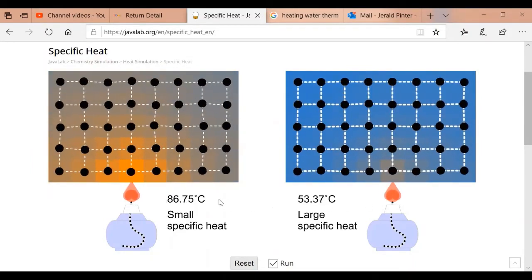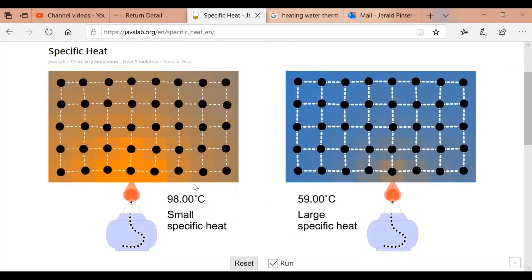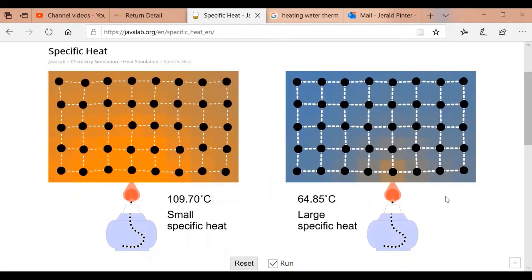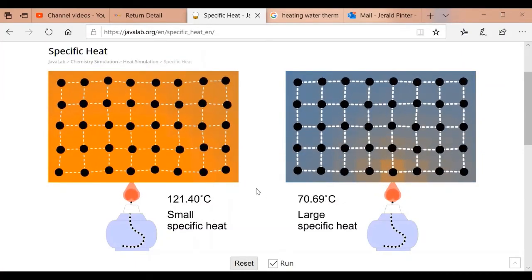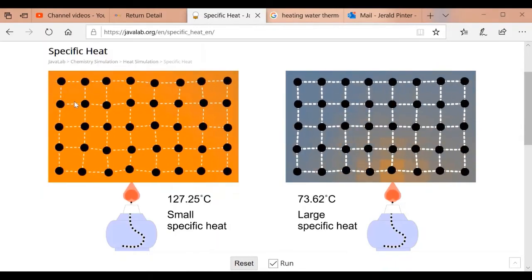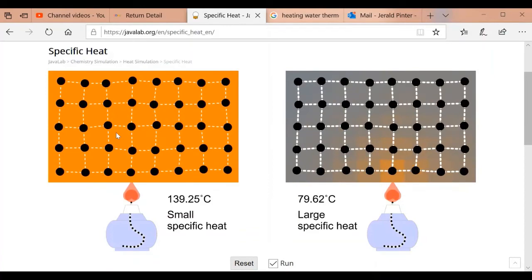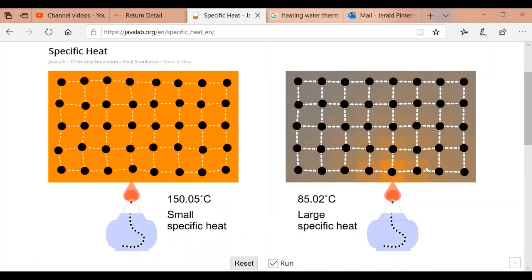So we see the metal over here is heating up more compared to the water over here on the right side. And as we keep running this, you can see the simulation is also showing the material on the left side has a lot of thermal energy, a lot of motion of the atoms, and over here on the right side, relatively little.